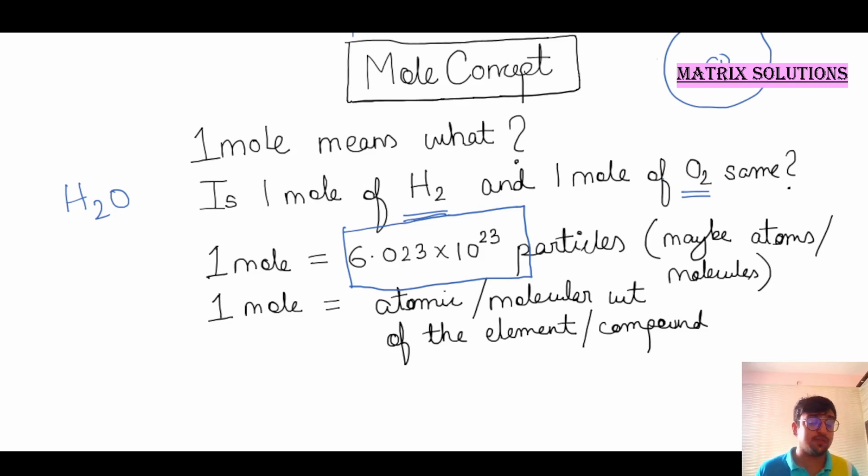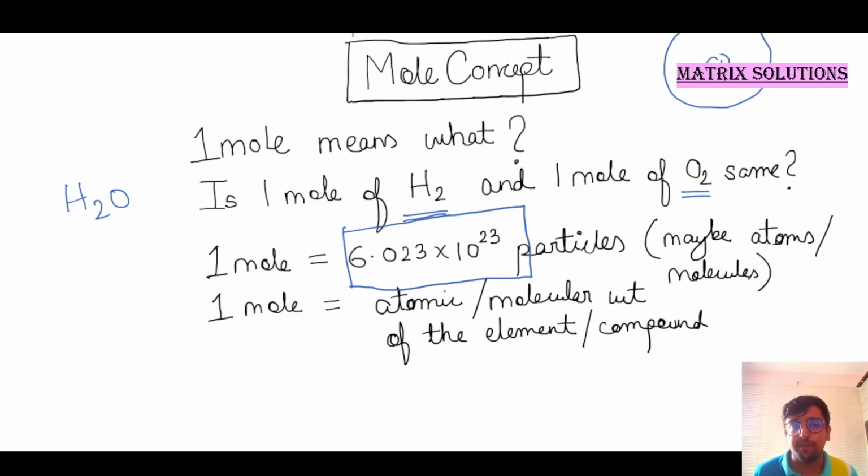If I had said 1 mole of, suppose, X element, and X is an atom, how many atoms will it have? 6.023 into 10 to the power 23 atoms. Now if I tell you to find the number of molecules in 1 mole of X atoms, is there any relevance?